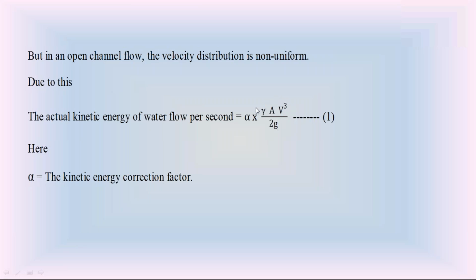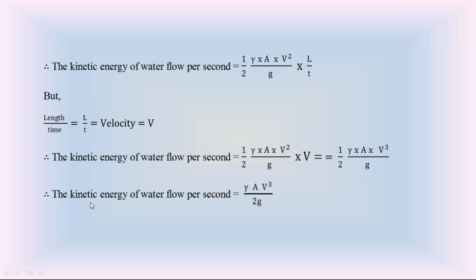But by using this kinetic energy gamma A V Q by 2g, we can calculate the actual kinetic energy of water flow per second. The actual kinetic energy of water flow per second is equal to the factor alpha into gamma A V Q by 2g. What is this gamma A V Q by 2g? That is kinetic energy. This is the kinetic energy of water flow per second by using this mean velocity V.